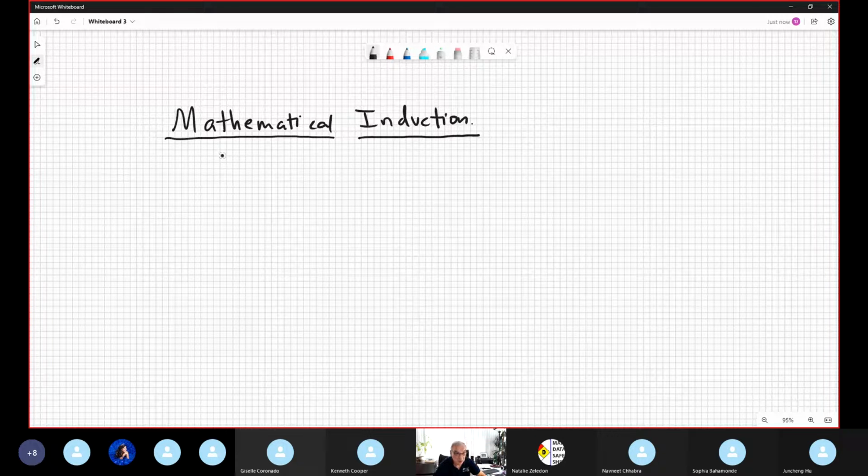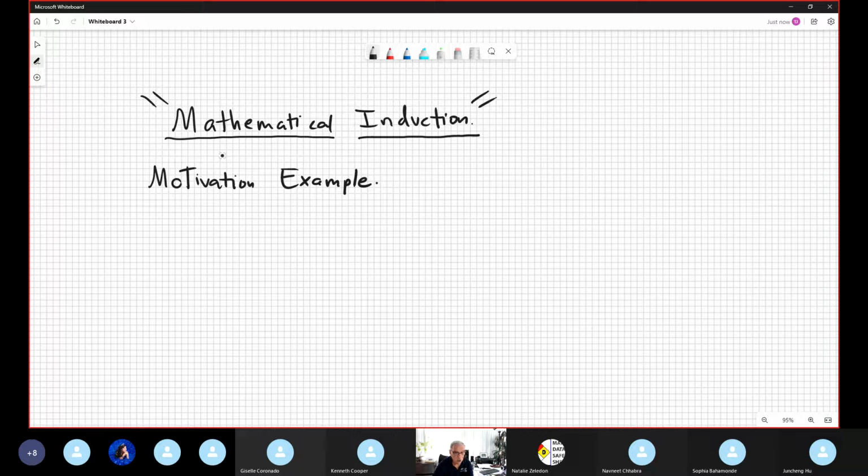Suppose a motivation example to illustrate the application of the mathematical induction. Suppose we have the following idea.